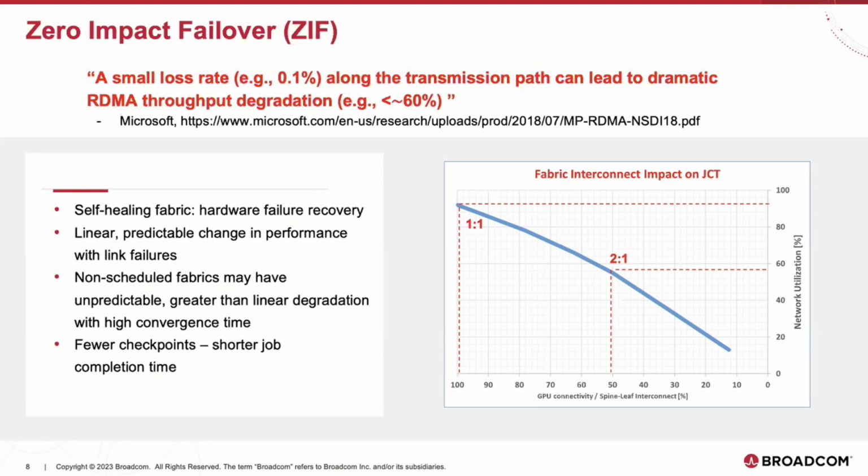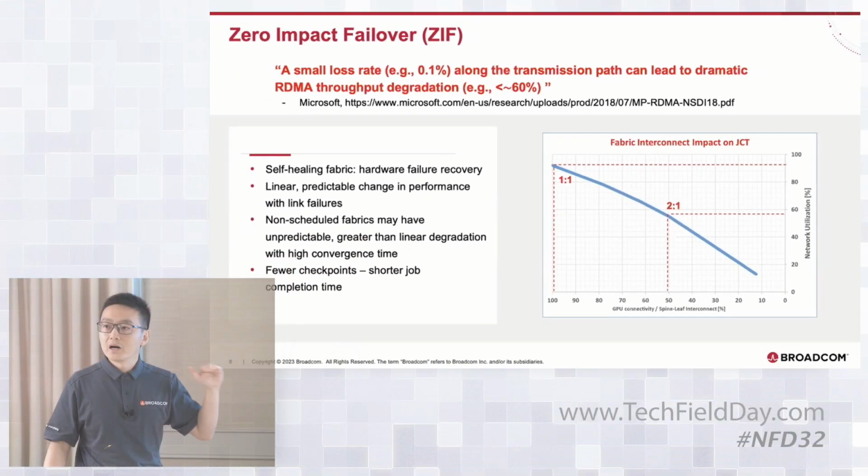There are two aspects. Number one is the speed at which you can detect, isolate, and recover from any kind of failure. Number two is the extent of the impact caused by the failure. This architecture, as I said, is purely hardware-based.